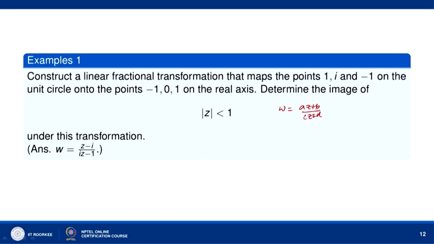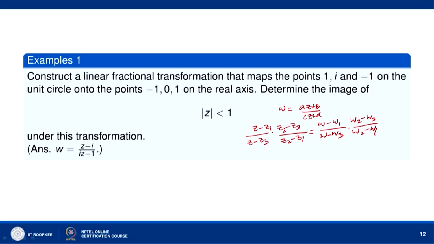This is a bilinear transformation, and the transformation that maps 3 distinct points onto 3 distinct points from the z plane to the W plane is: z minus z1 divided by z minus z3, into z2 minus z3 divided by z2 minus z1, equal to W minus W1 over W minus W3, into W2 minus W3 divided by W2 minus W1.